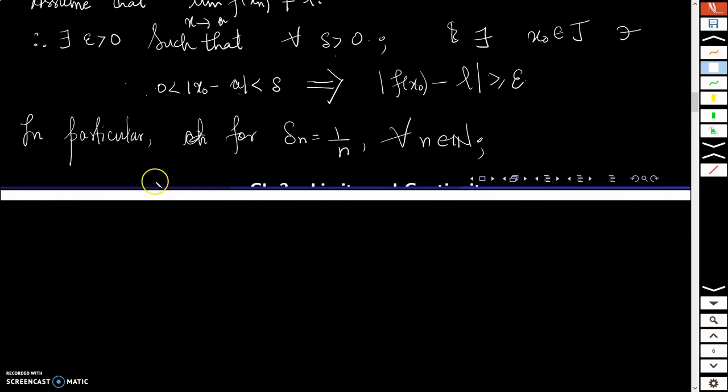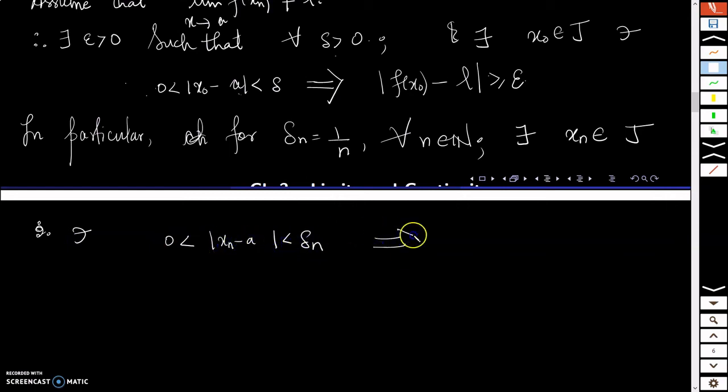So in general, for delta n equal to 1 by n, there exists a point xn in J such that whenever 0 is less than mod xn minus a is less than delta n, this will imply that mod f of xn minus L is not less than epsilon.